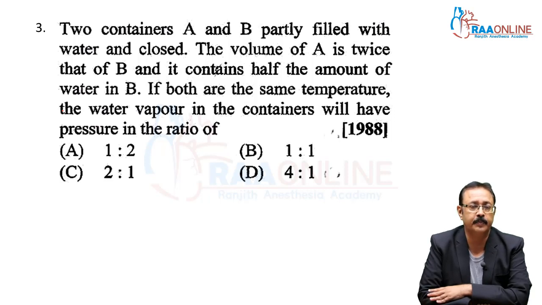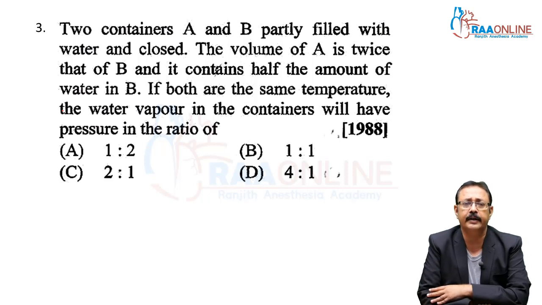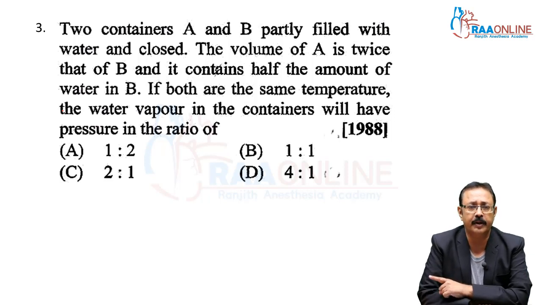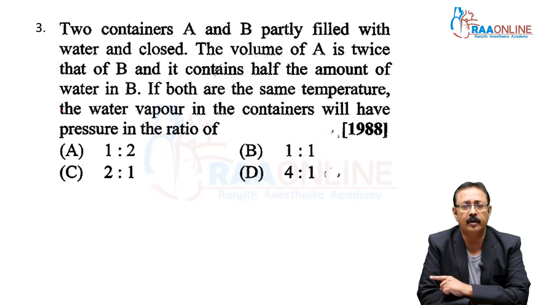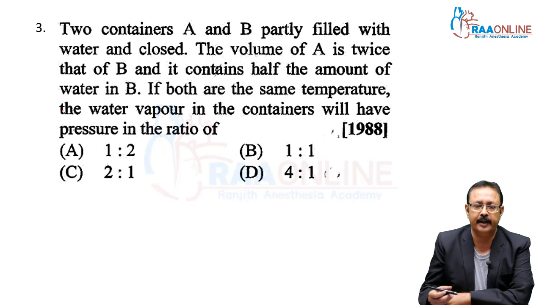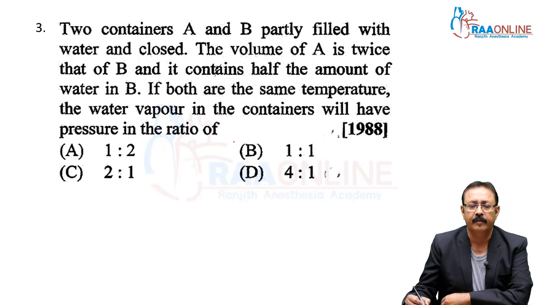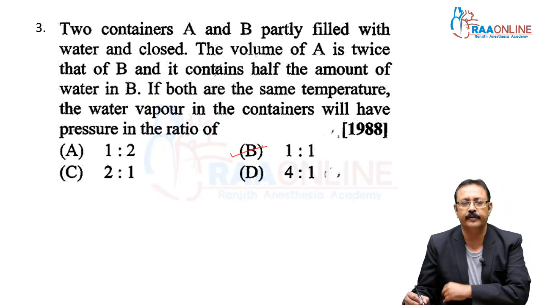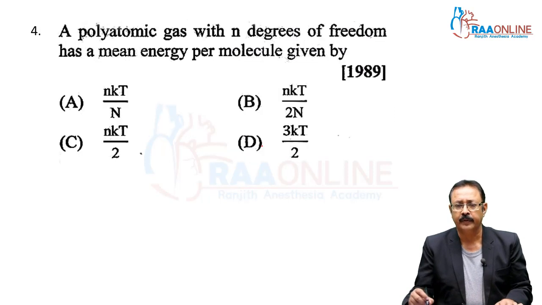They asked this problem in 1988 AIPMT. We know that vapor pressure is dependent only on temperature. So temperature is the same, the ratio should be 1:1. So we are going with B.